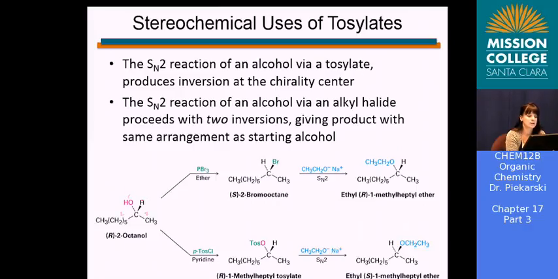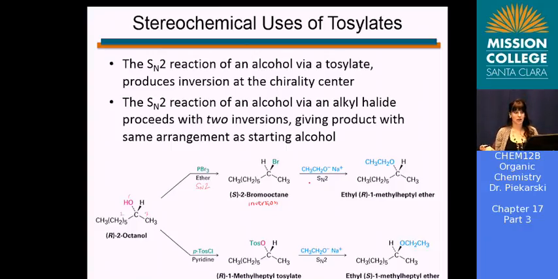It looks like S, but the hydrogen is going forward, so it's actually R. When we do the phosphorus bromide conversion, that's an SN2 mechanism in itself, correct? Good. It is. So therefore, the stereochemistry is inverted. We have inversion.